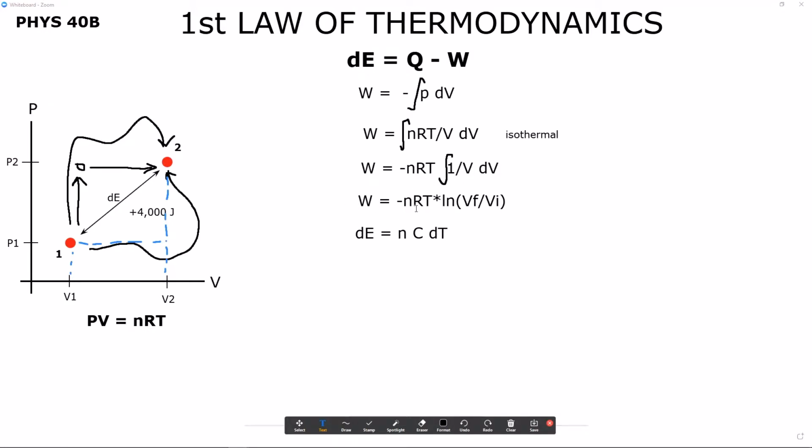In this case, W equals nRT, or probably something else, right? Because we assume that this is isothermal, and for an isothermal case here, dT would be 0, so that wouldn't work. But if you have two of these sides of the equation, we can just rearrange for Q equals dE plus W.